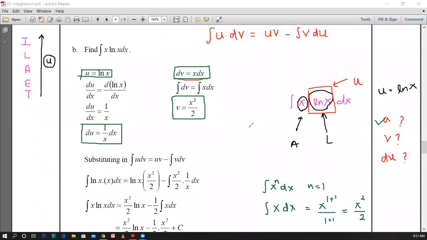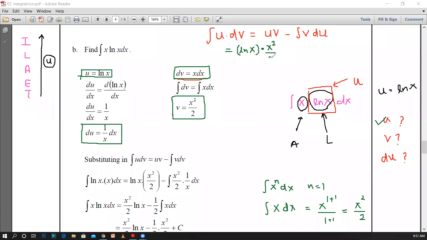Now you can apply the quantities in the formula: the integral of u dv equals uv minus the integral of v du. The value identified for u was ln x, and the value identified for v was x squared divided by 2.